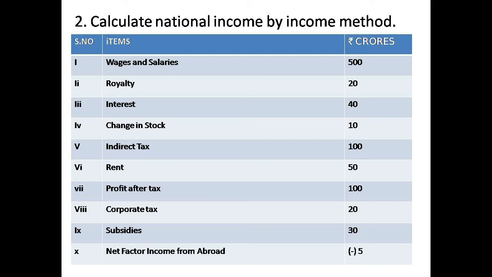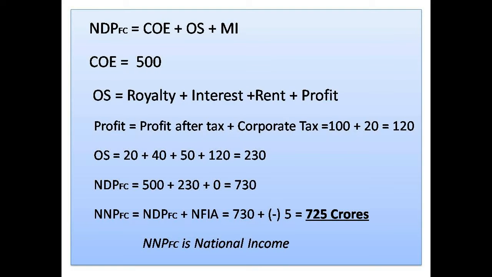So let us now see how this problem is solved. First we write the formula: NDPFC is equal to COE plus OS plus MI. COE we already know, wages and salaries 500. OS we need to calculate by adding royalty, interest, rent and profit. Profit is equal to profit after tax plus corporate tax. Profit after tax is 100. Corporate tax is 20.